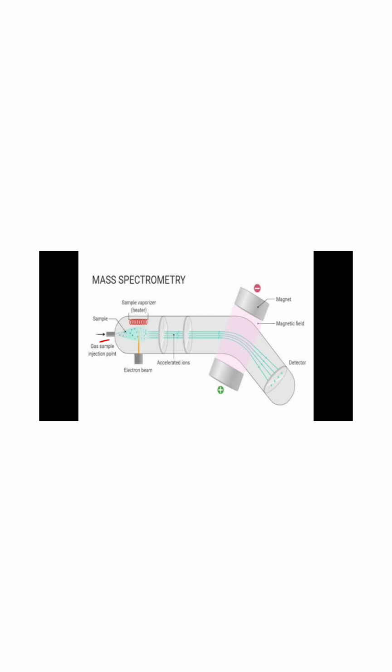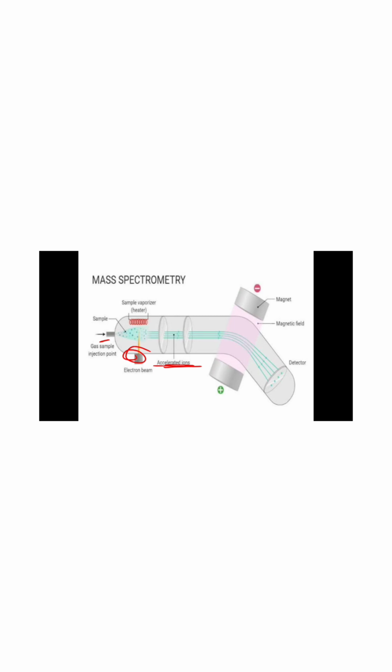So when the beam of electrons is bombarded from here on the vaporized gaseous sample, it will knock out one or two electrons as we saw previously, and that is focused in the form of a beam through these accelerating slits. The series of accelerating slits is varying in potential.